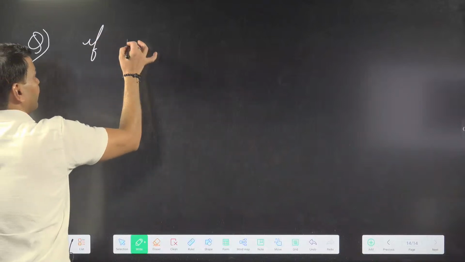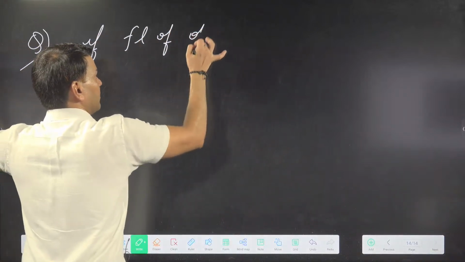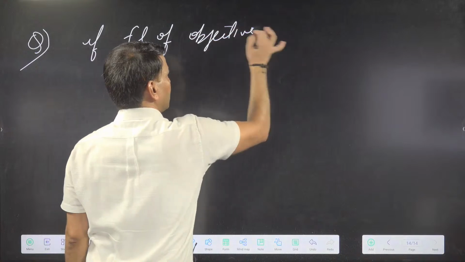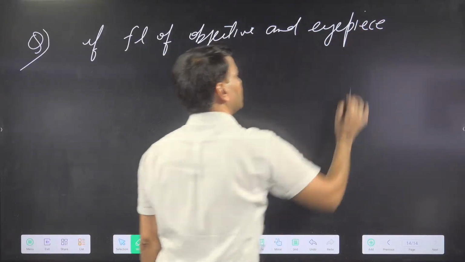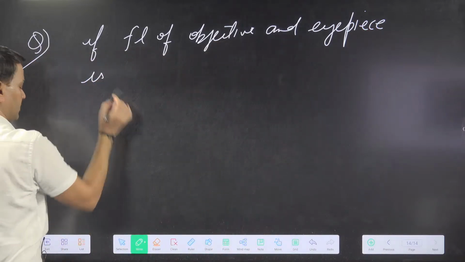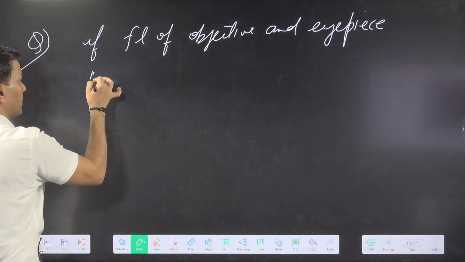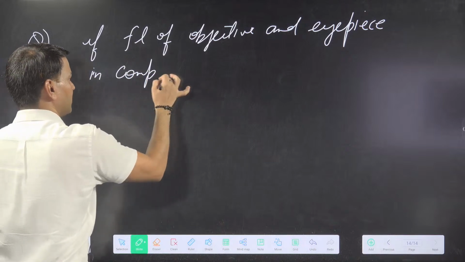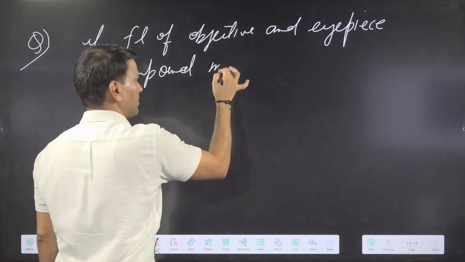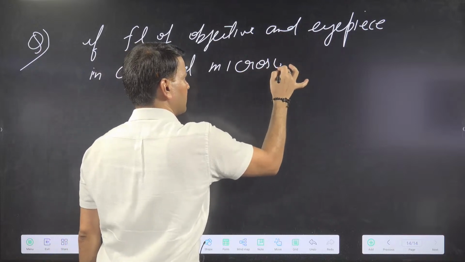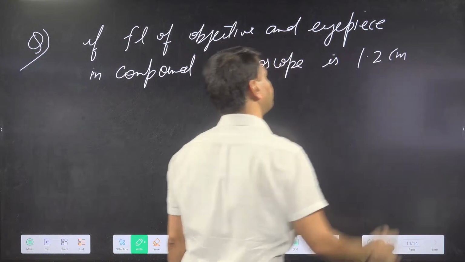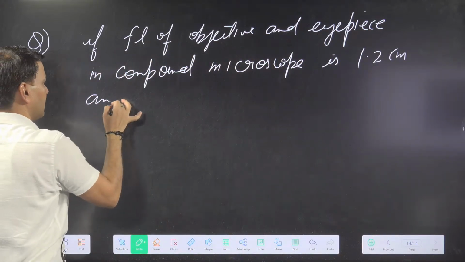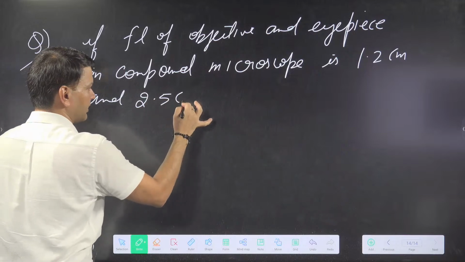Now suppose I have given that the focal lengths of the objective and eyepiece in a compound microscope are 1.2 centimeter and 2.5 centimeter.